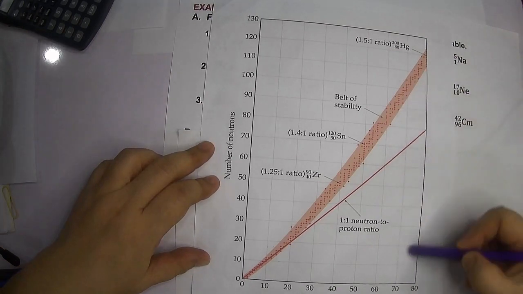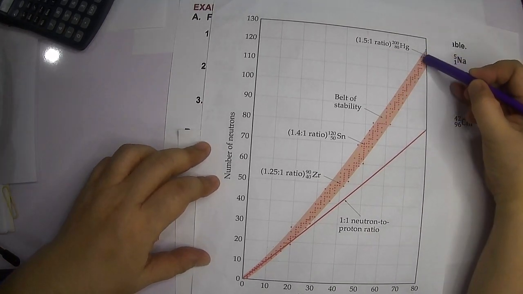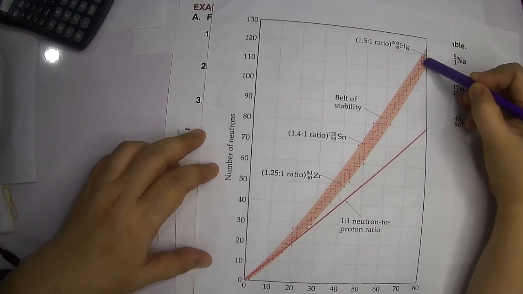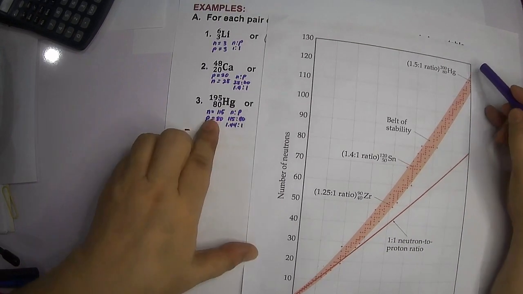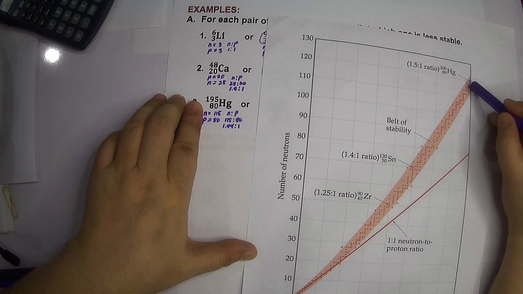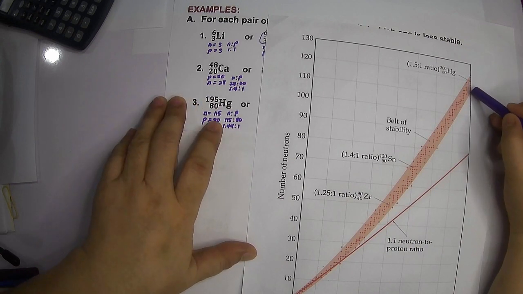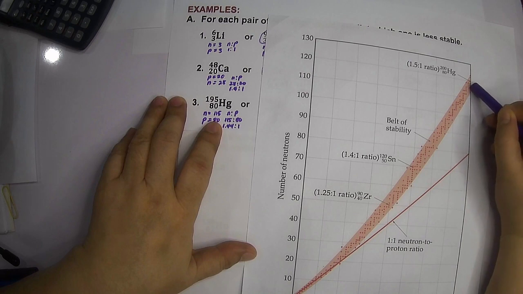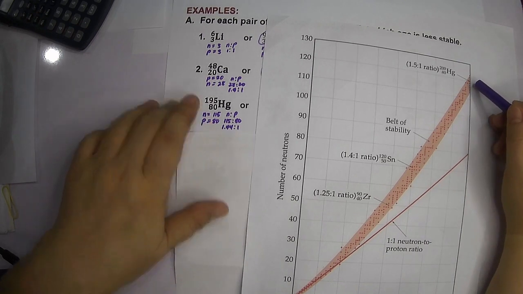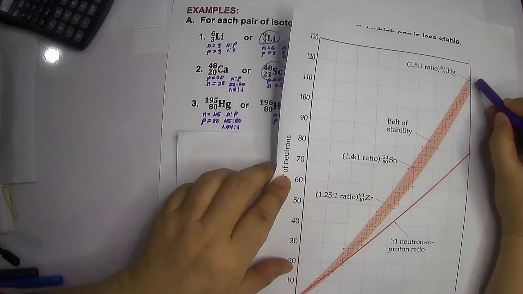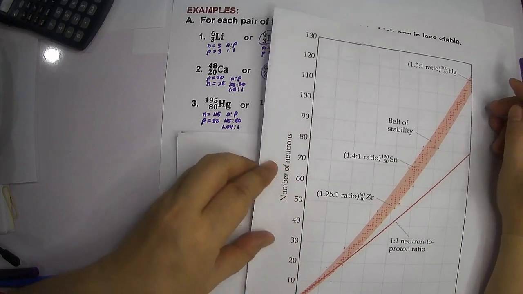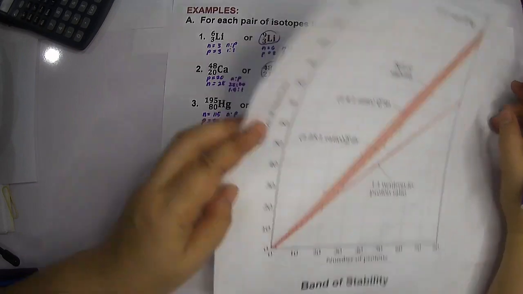Again, if you refer to your mercury 80 here, and the number of neutrons for mercury 195 is 115. So it's here within the band of stability. And for 116, it is also within the band of stability.